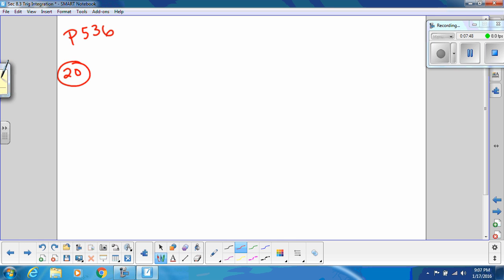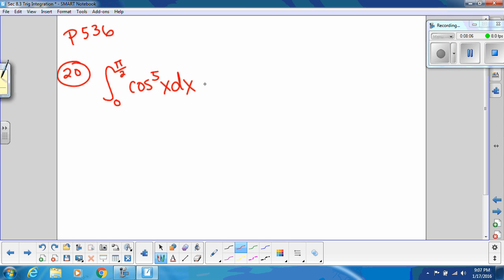Okay, so Wallace's formula is a quick shortcut for doing definite integrals with these trig integral techniques.